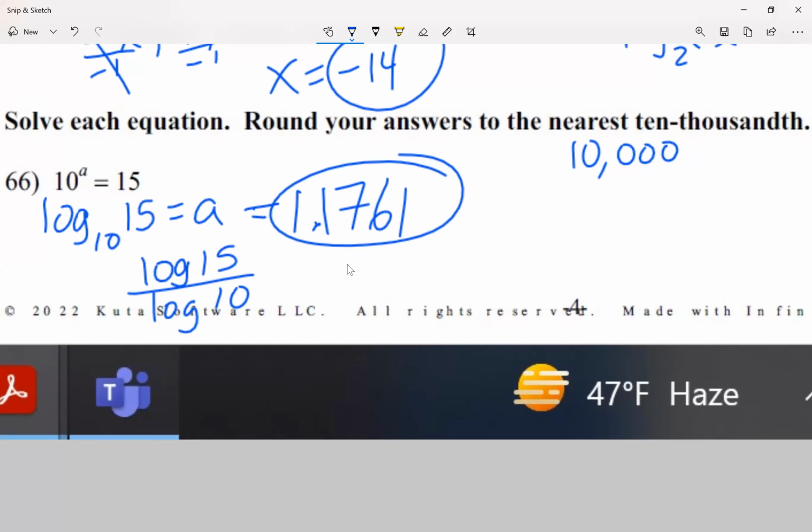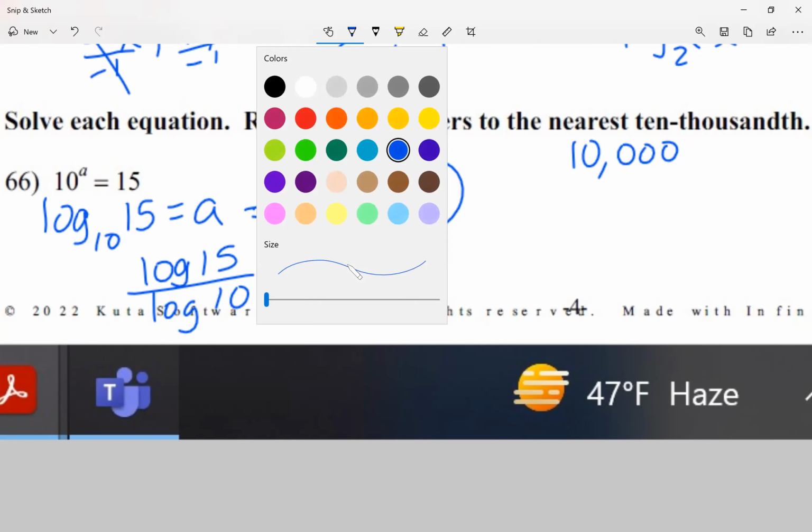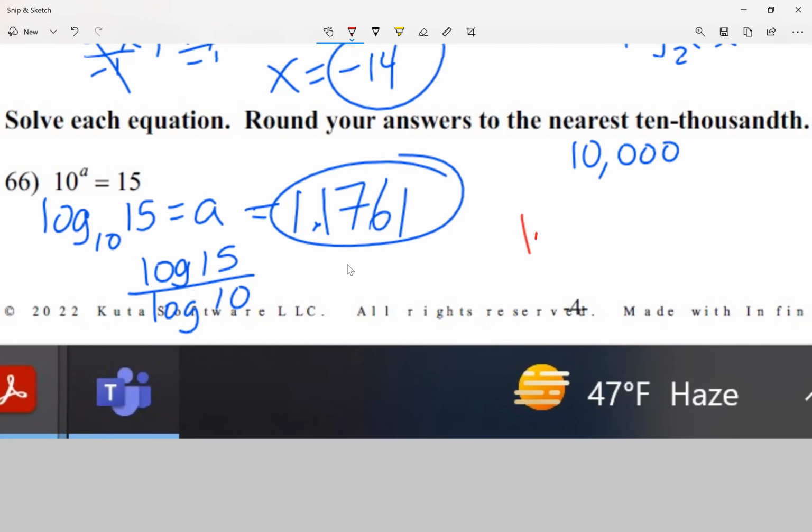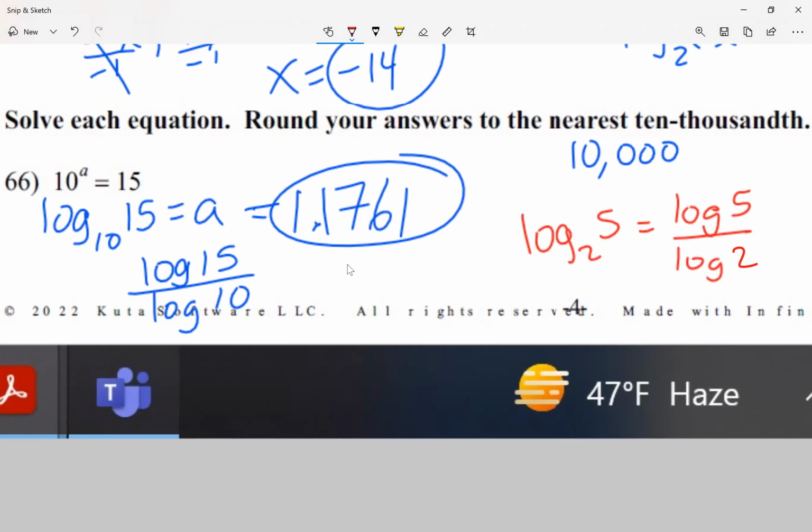So you're going to use division of 2 logs if you cannot change the base, and the base is not 10. If I had, let's say, log base 2 of 5, I would do log of 5 divided by log of 2. I type that in and I get my answer.